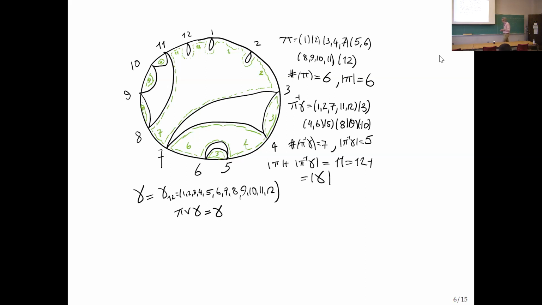But you can see a little bit of topology here. So how do you see this Kreweras complement? Well, you take your circle, you put 1, 2, 3, 4, 5, 6, 7, 9, 12 around, and then between 1 and 2, I put a 1. Between 2 and 3, I put a 2. And so in each of these gaps, I put a little green number.